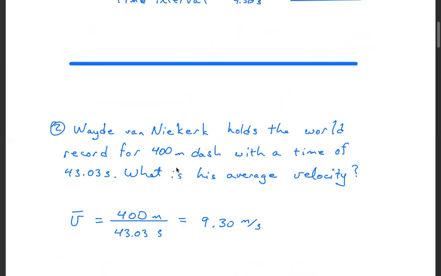And I don't know that I'm going to pronounce this right. Wade van Niekerk from South Africa holds the world record for the 400-meter dash with a time of 43.03 seconds. What is his average velocity? Same formula. V average is equal to 400 meters divided by 43.03 seconds, and that comes to 9.3 meters per second.